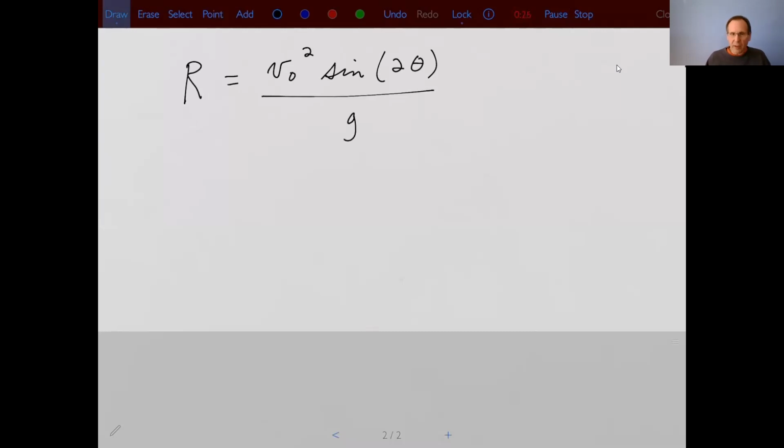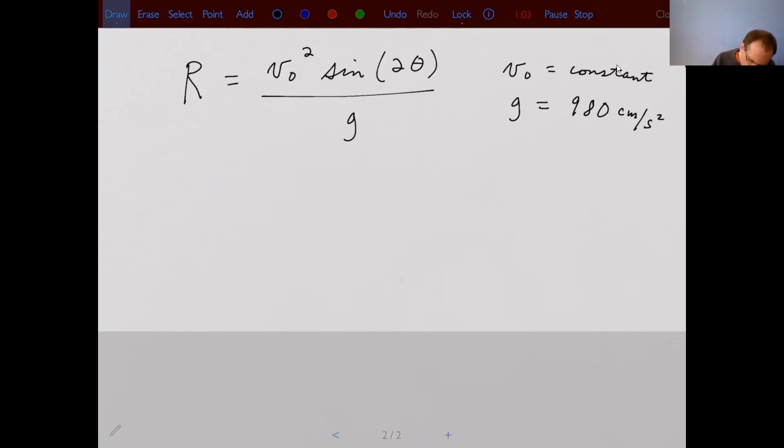Now, v naught in this case is a constant, because it depends on the strength of the gun, on how strong the spring in the gun is. It doesn't vary at all. And g, of course, doesn't vary. It's the acceleration due to gravity. In our case, we're going to use 980 centimeters per second squared since we're in CGS units. So the only thing that can vary is the sine of 2 theta, the angle. That's the only term that can really affect the range here.